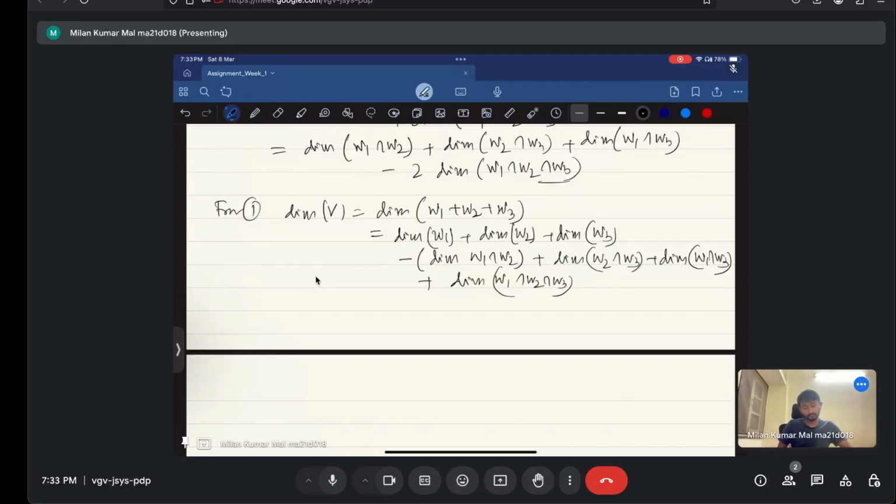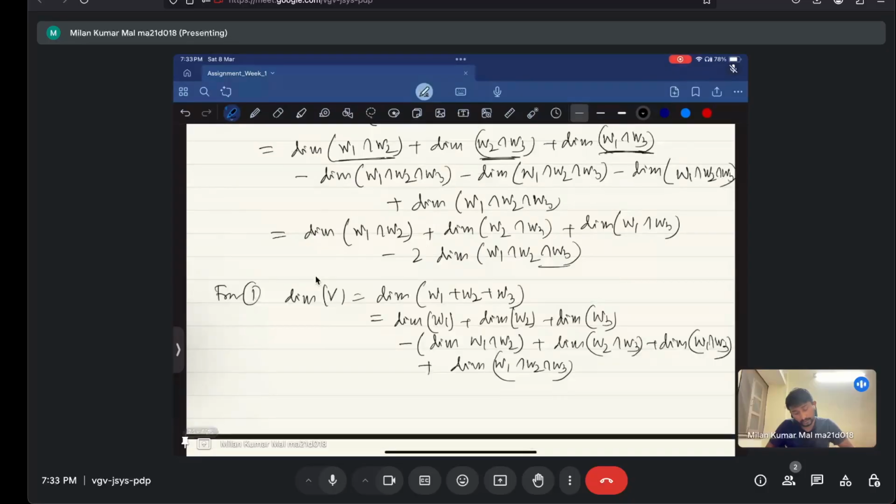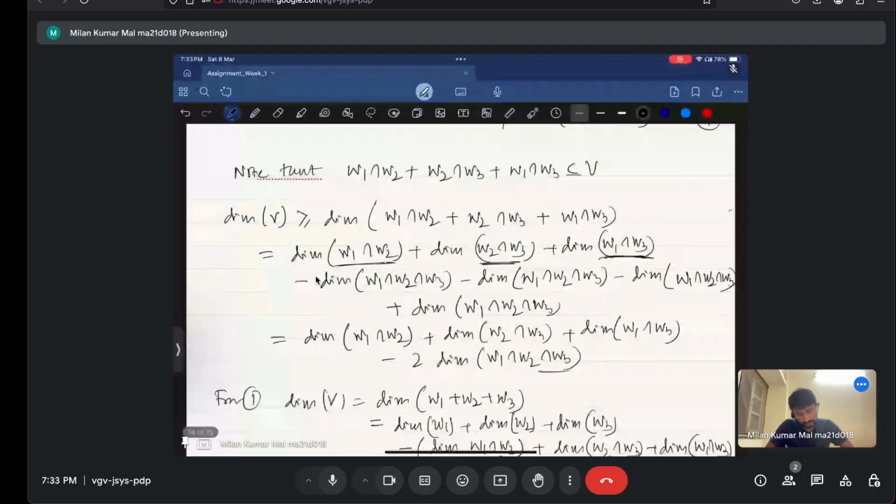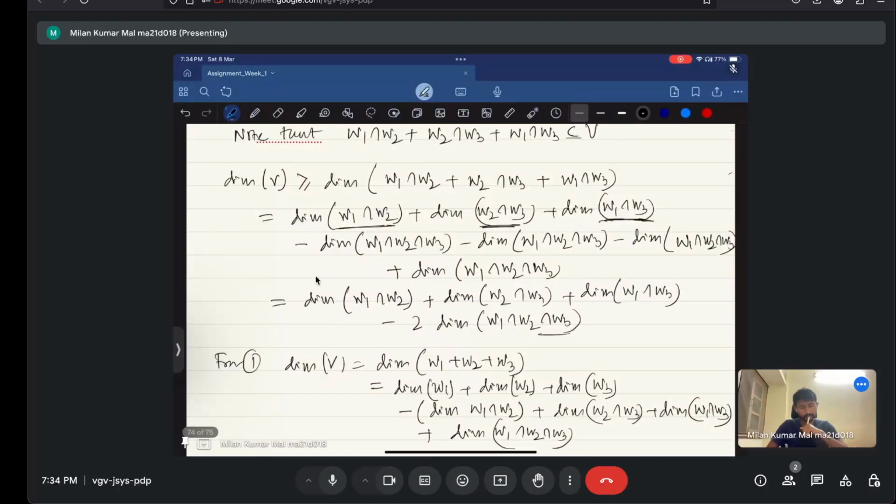Therefore, note that this full thing is less than or equal to this one.